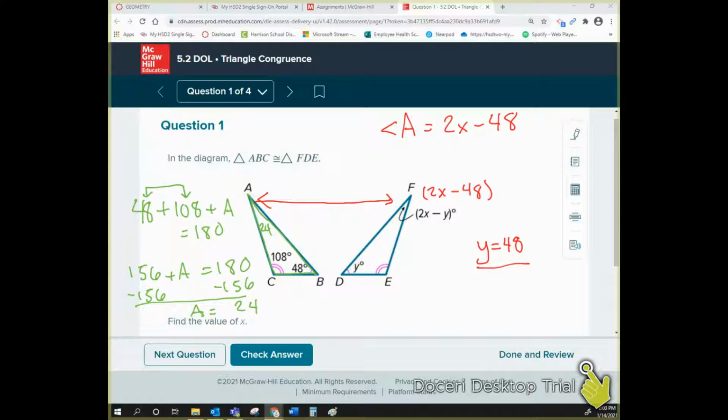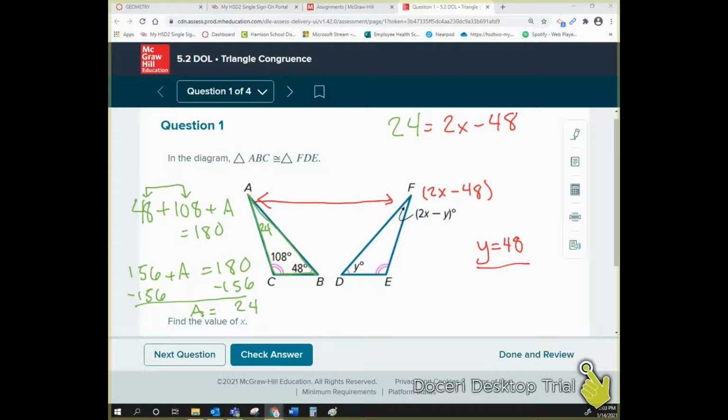That helps me with this problem because now I know the left side of my equal sign. Before, I had an A and an X. If ever there are two variables or two letters, it is not possible to solve. But I did find out that angle A is 24. So I'm going to erase the A, and replace it with 24.